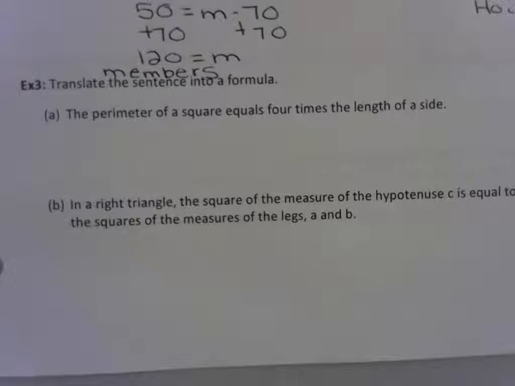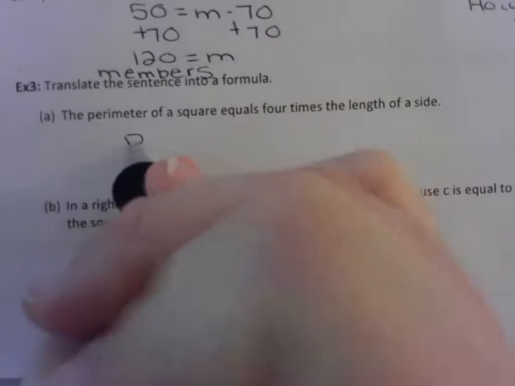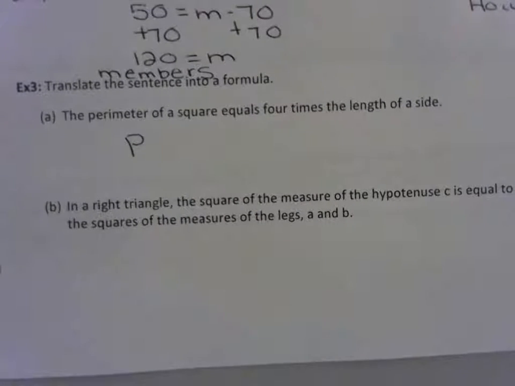The perimeter of a square equals 4 times the length of a side. Give me some thoughts. Are we going to use P for perimeter? That's fine. You can.